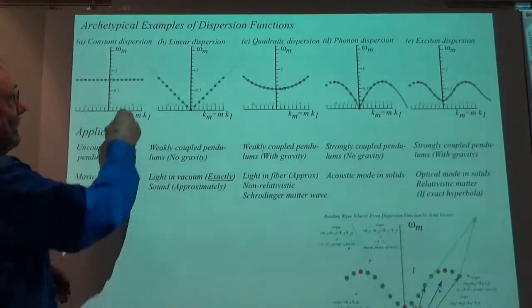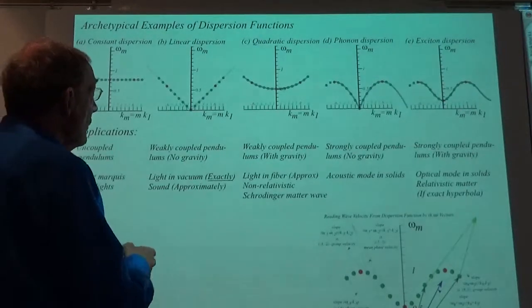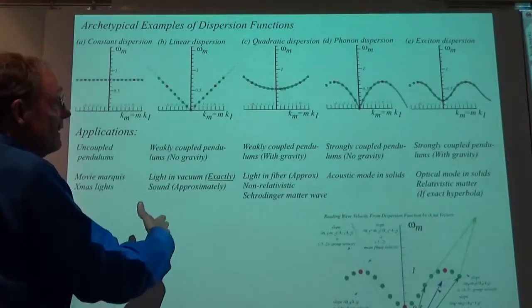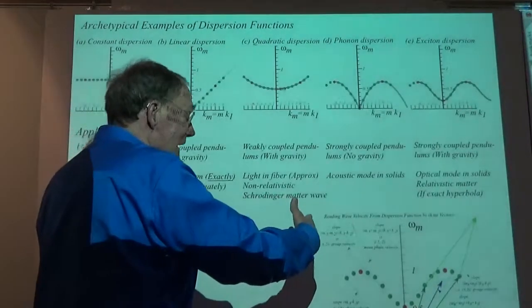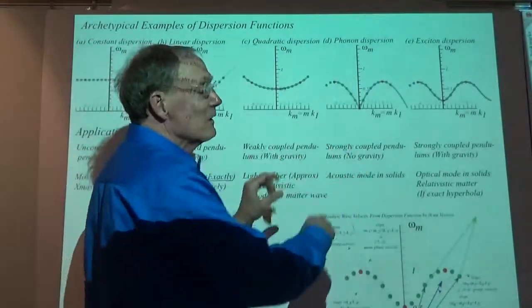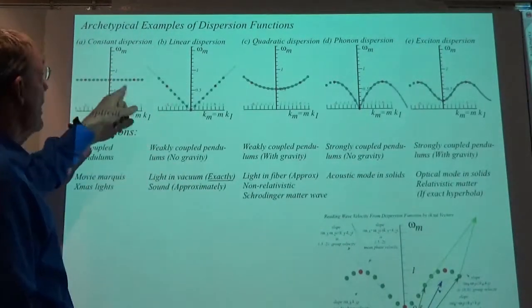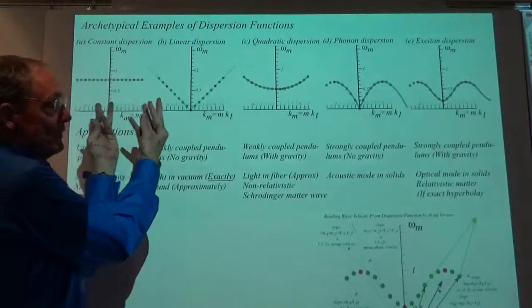So, pick one of them. What's it going to look like? Well, it's going to have a K value, it's going to have a frequency, so that means it's going to move at omega over K. That's the way you get a marquee pattern to move.